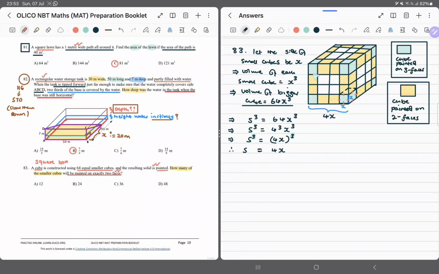Alright guys, just to complete it nicely, so this is what it would look like, and we can see the yellow ones are the ones that are painted on two faces only. These ones are painted on three faces, and the ones that are white, we can see that they're only painted on one face. So now the question is saying how many of the ones that are painted on two faces. We can see here we've got 1, 2, 3, 4, 5, 6, 7, 8.